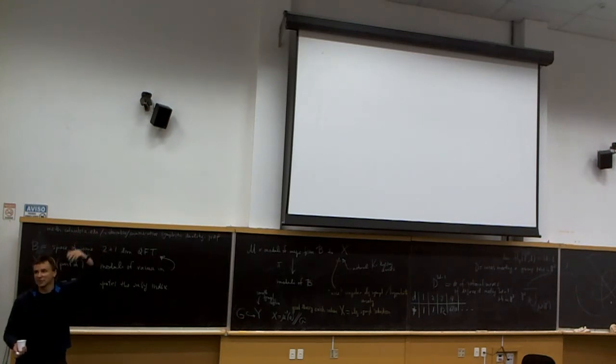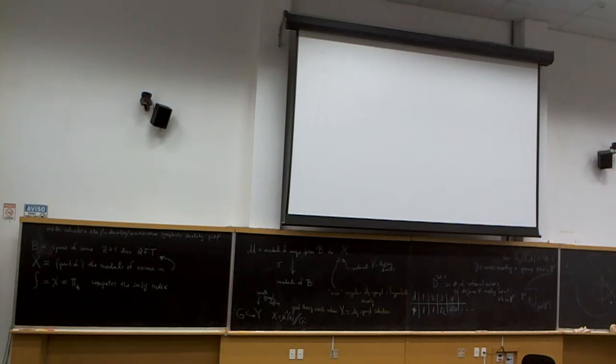You can somehow have some gauging, but otherwise no. B is physical space, not the space of theories. B is two-dimensional. The theory is 2 plus 1 dimensional. Then in a 2 plus 1 dimensional theory, you associate the Hilbert space to a time slice, to something two-dimensional, to the B.